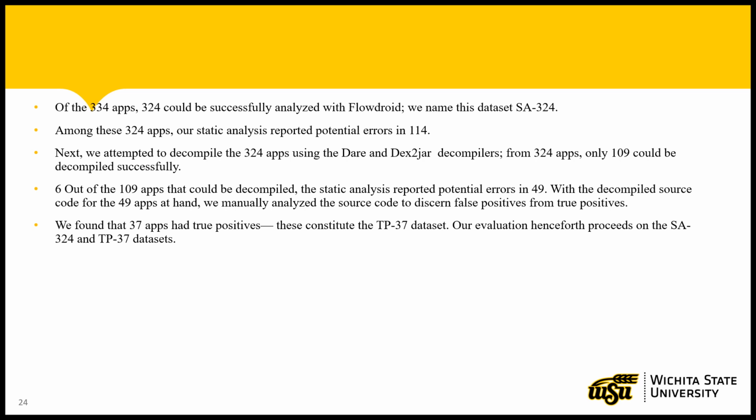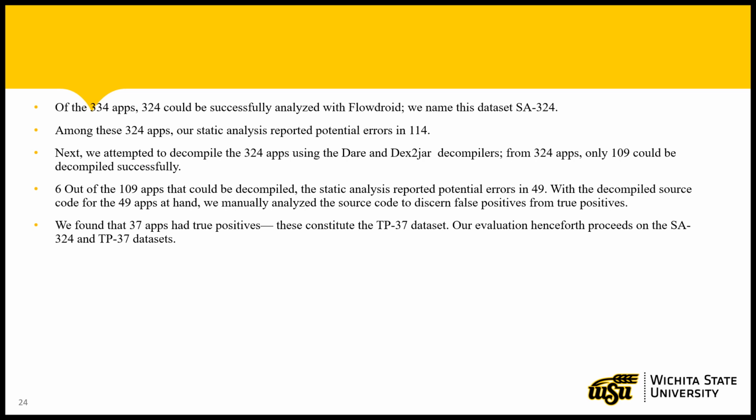Among these 324 apps, our static analysis reported potential errors in 114. Next, we attempted to decompile the 324 apps using the DARE and Dex2jar decompilers. From 324 apps, only 109 could be decompiled successfully. Out of the 109 apps that could be decompiled, the static analysis reported potential errors in 49.